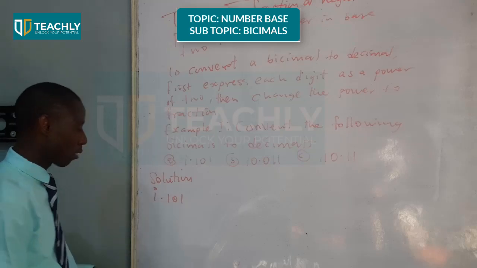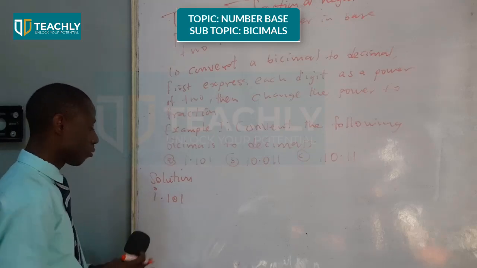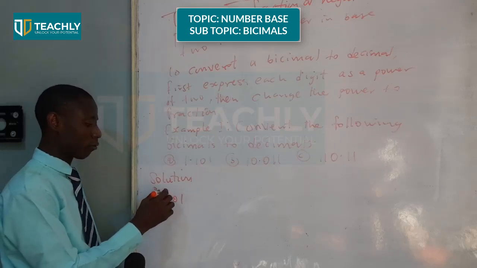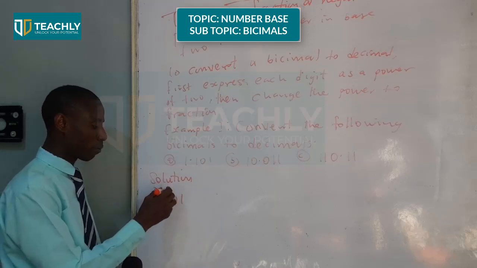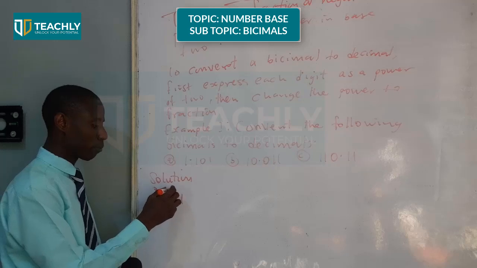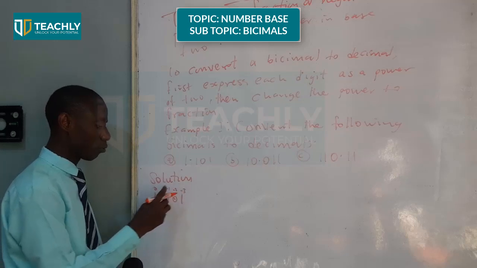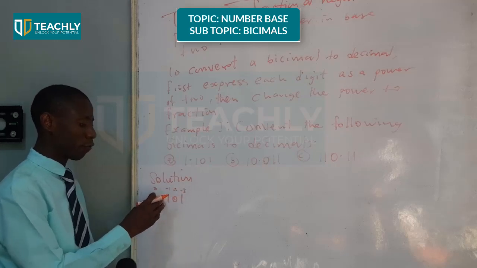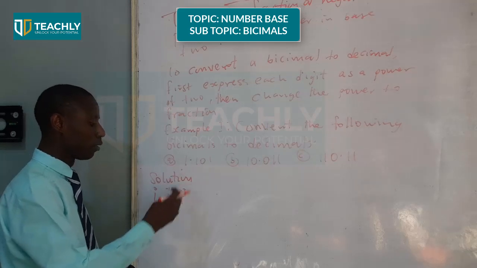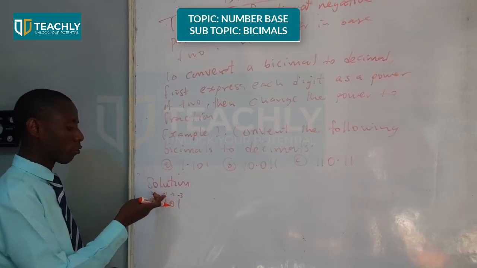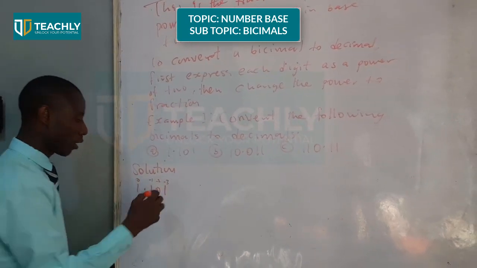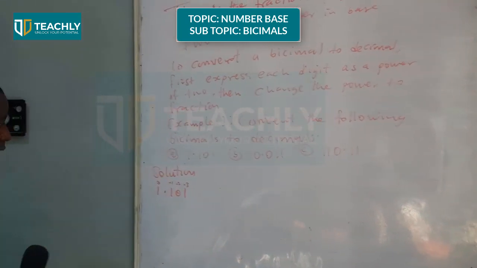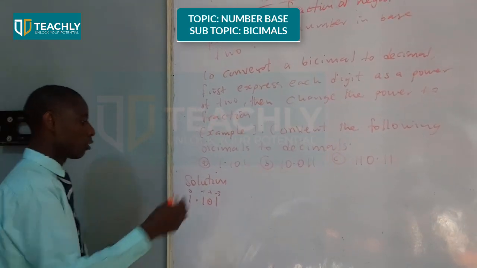But after the decimal point, going forward, the first digit starts with -1, the second digit -2, another one -3, like that. So that's how to indicate the number on each digit.